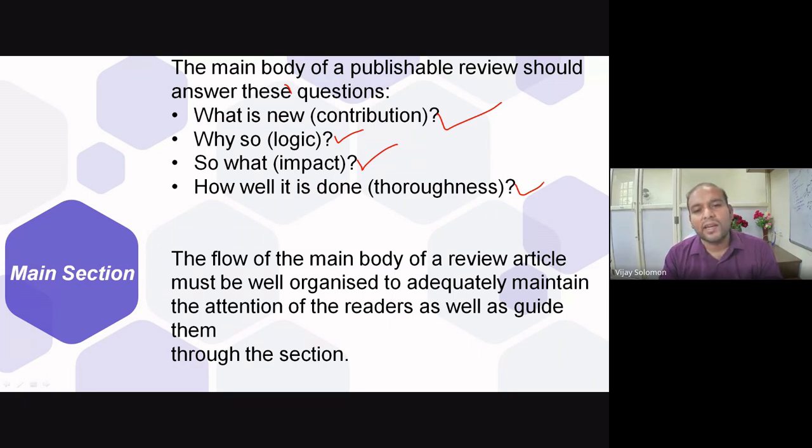Again and again, I would like to emphasize that it should be well organized. From one paragraph or topic to another topic, there should be a common thread. And the transition from one topic to another should be very smooth, and there should not be any logical flaw, right? So that when people read your article, they will feel it is very enriching and refreshing.